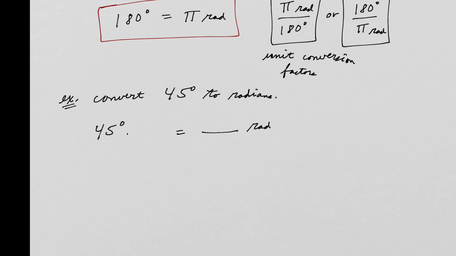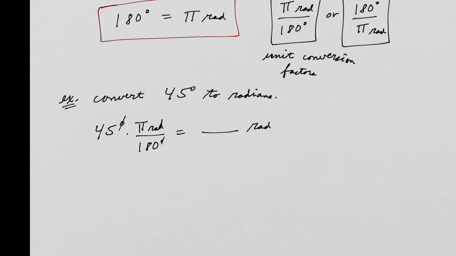We want the units of radians to survive in the answer, and we want degrees to cancel. So which conversion factor do I use? Do I use pi radians over 180 degrees, or 180 degrees over pi radians? Well, if I multiply by pi radians over 180 degrees, then the degrees units will cancel, and I'll end up with radians, and that's what I want.